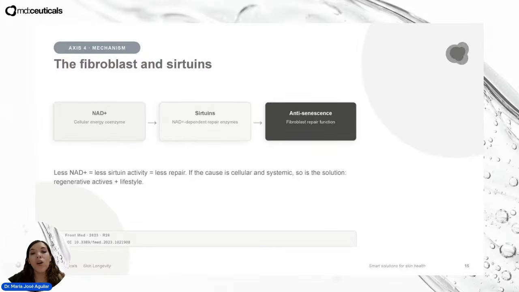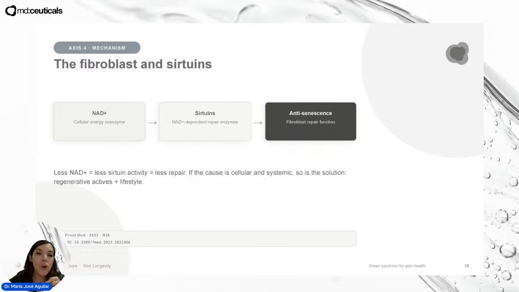Then we have another of these main ingredients, the coenzymes, FAD and NAD. These coenzymes work directly with the sirtuins. Sirtuins work basically based on NAD to fix DNA changes.